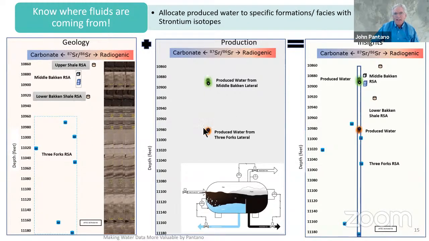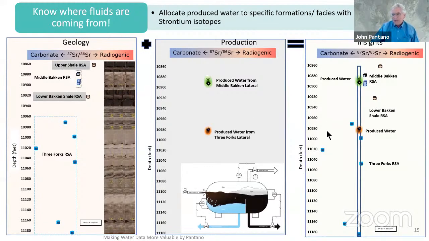Now we put in, what does the produced water look like? So in the paper, they report that they had produced water from the middle Bakken lateral and from the Three Fork lateral. And again, they're just taking water off the bottom of the separator and analyzing it there. This is where we do the residual salts analysis to get each one of these numbers.